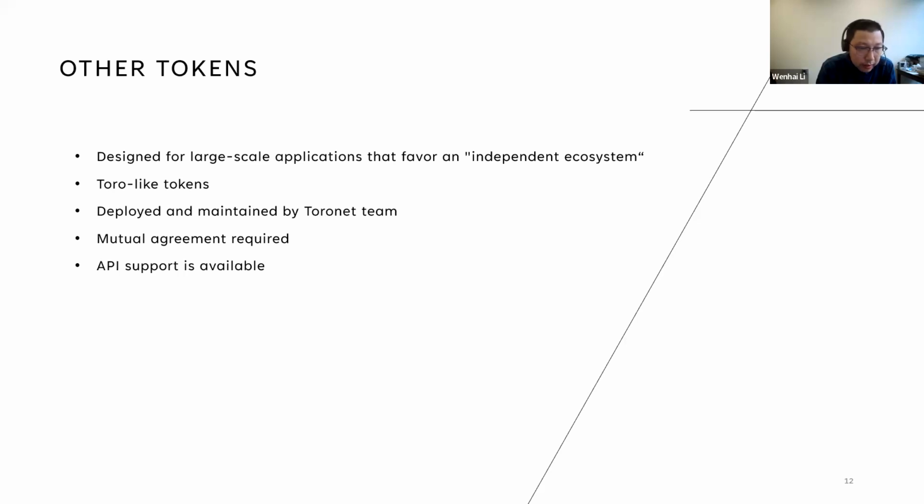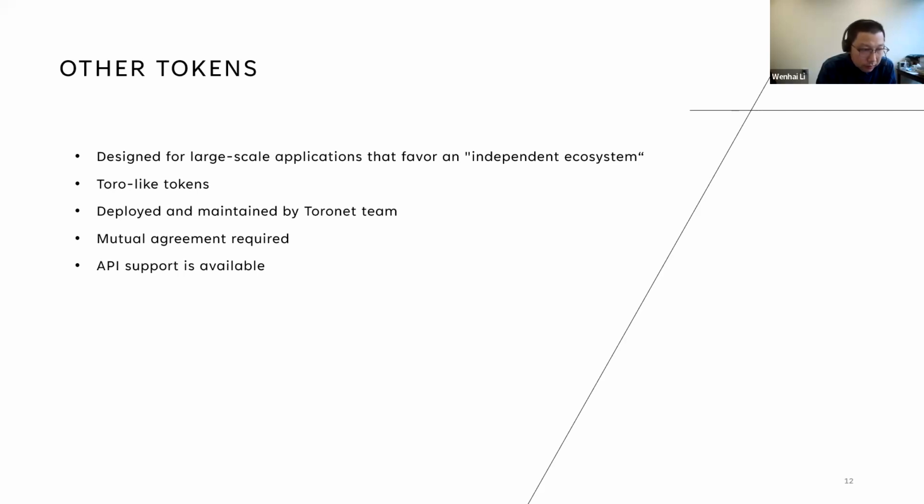But we need to realize that this kind of new token deployment and maintenance will be done by the Toronet team. Basically, developers will not be able to arbitrarily deploy their own ERC20 token. This is not allowed. Why?